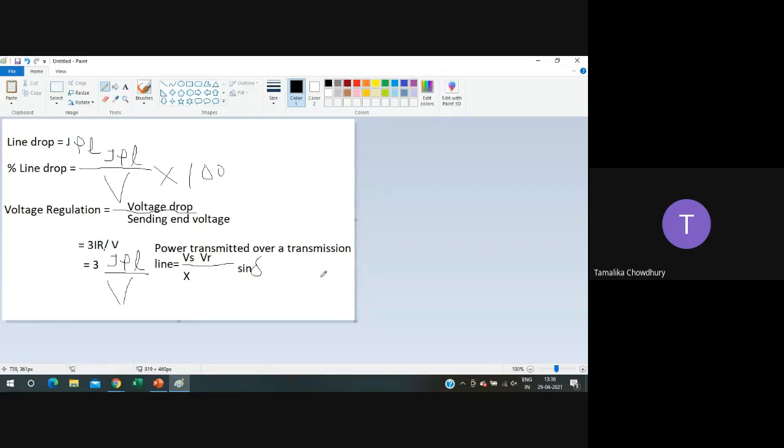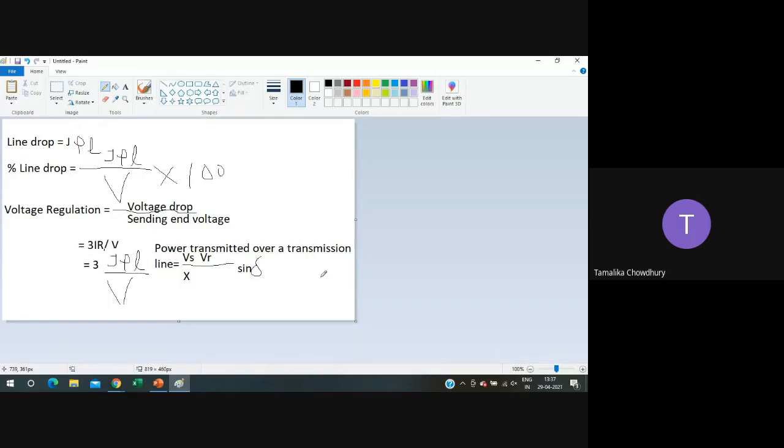So it is related with X and P. Thus, if we assume that Vs and Vr are equal, suppose the sending end and receiving end voltages are equal, then the power transmitted over the line is proportional to the square of the voltage. If we consider Vs and Vr equal, then Vs Vr becomes, suppose, V square. So V square by X into sine delta.